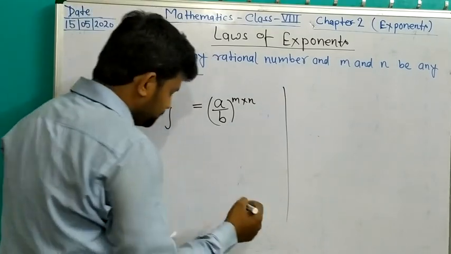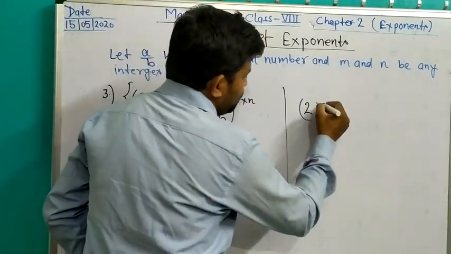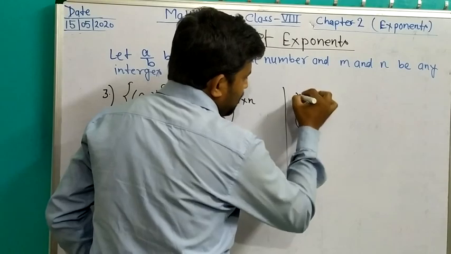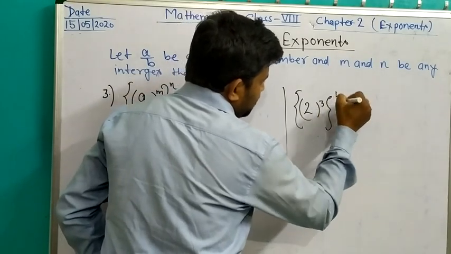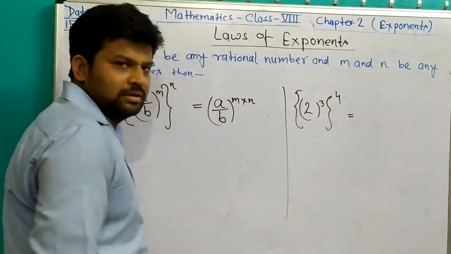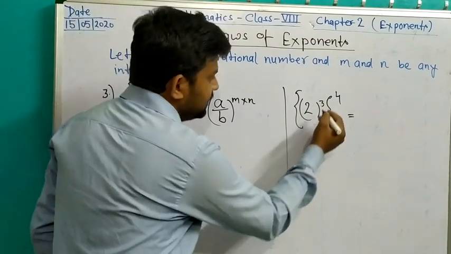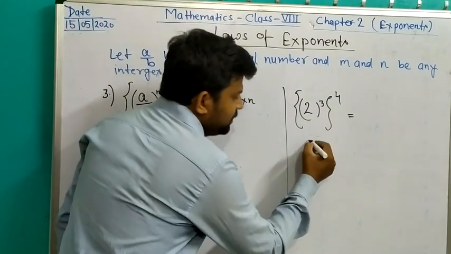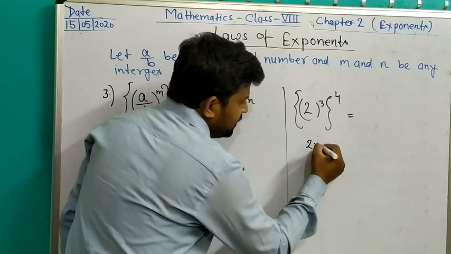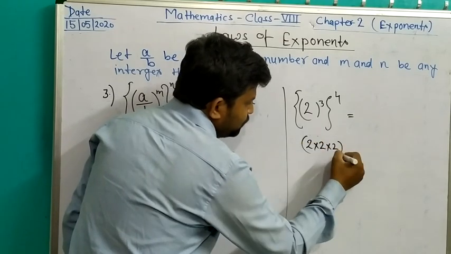Suppose we write (2^3)^4, then what do we write? 2 to the power 3 means 2 multiplied by 2 multiplied by 2.